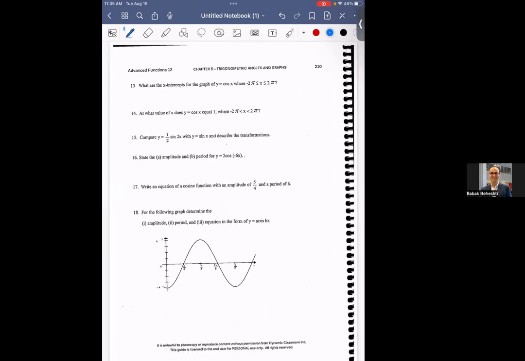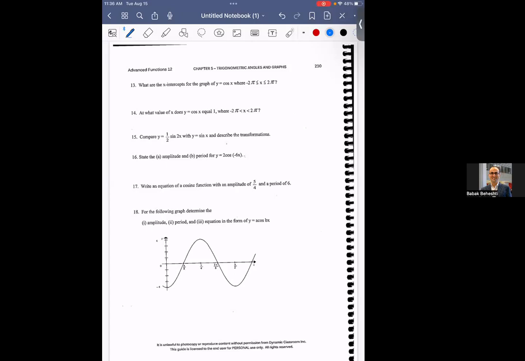Okay, now next page. Now it says, what are the x-intercepts? Question 13. What are the x-intercepts or zeros or the roots when x is between minus 2 pi and 2 pi?